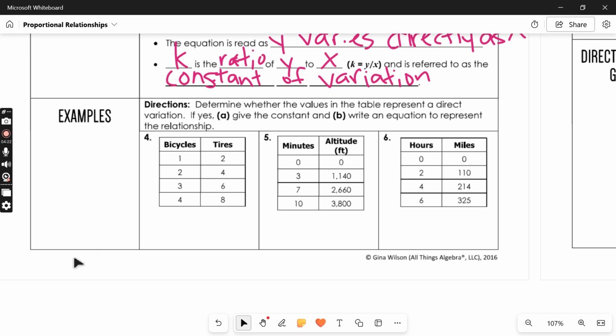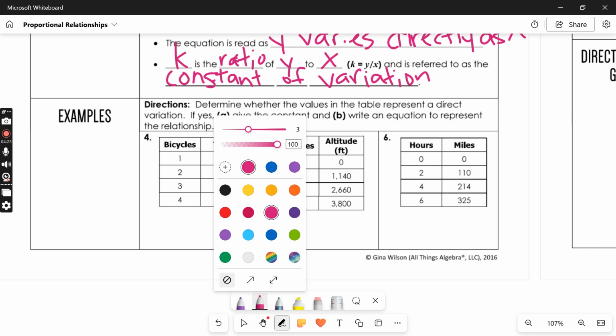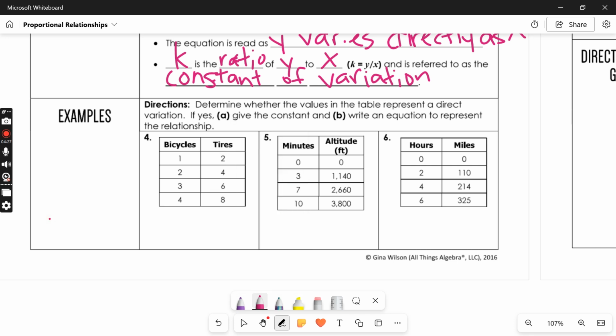And 8 divided by 4 is 2. So we would say yes. Our k value is the number we got each time, which is 2. So then our equation is y equals 2x.